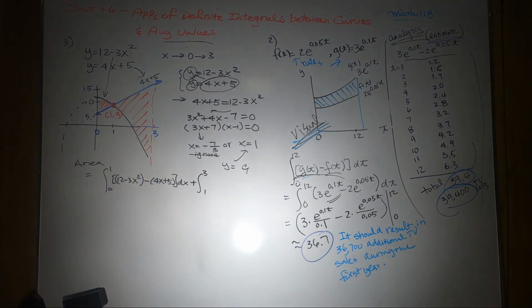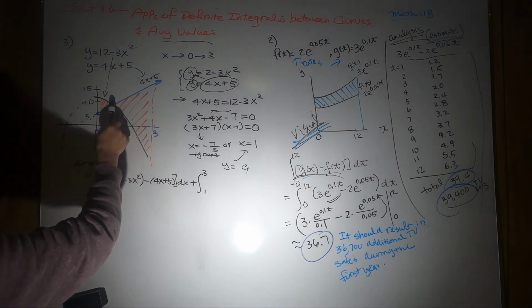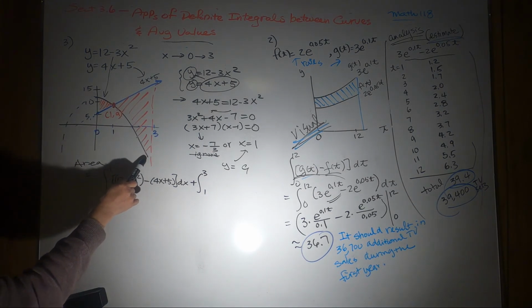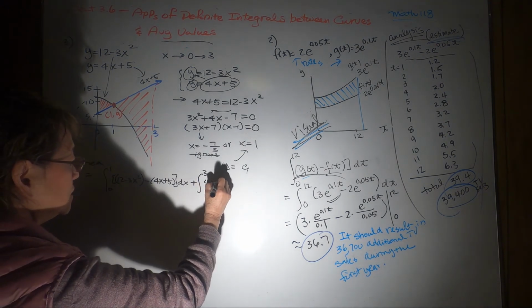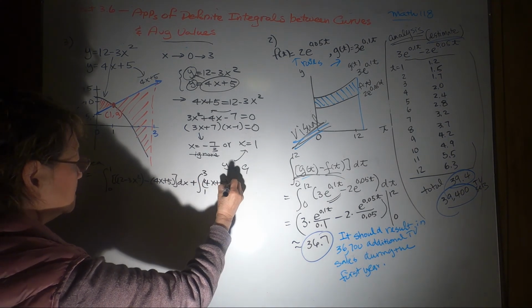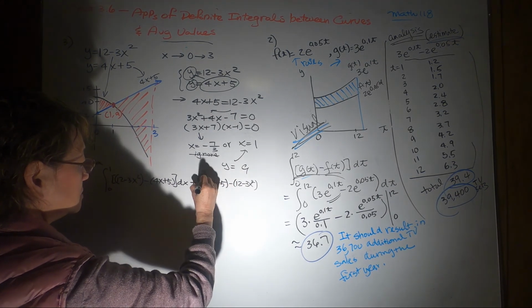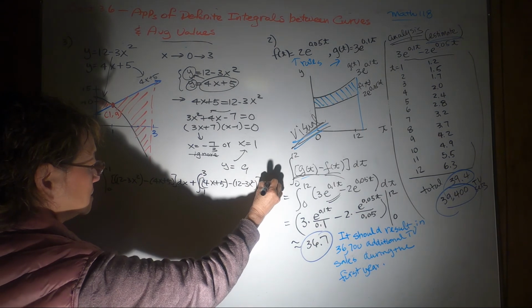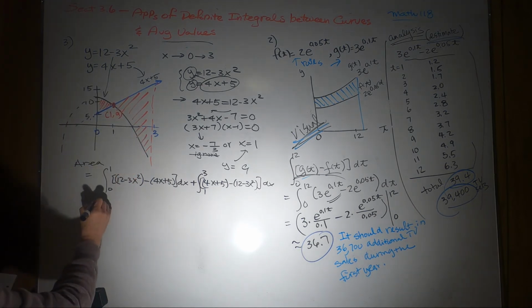This is 1. Then you need to do what? Blue line minus the black one. So you will do 4x plus 5 minus 12 minus 3x squared, again dx. So why do we do it this way? Because we want to make sure the area is positive.